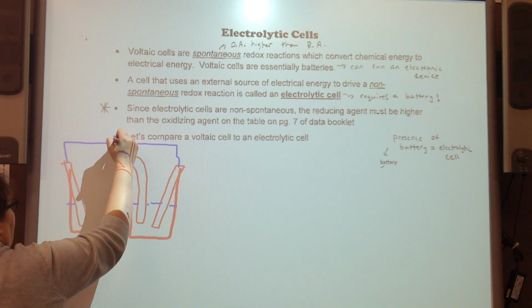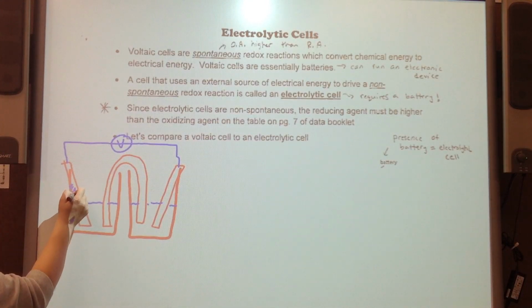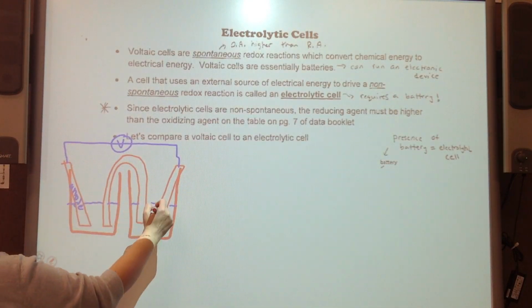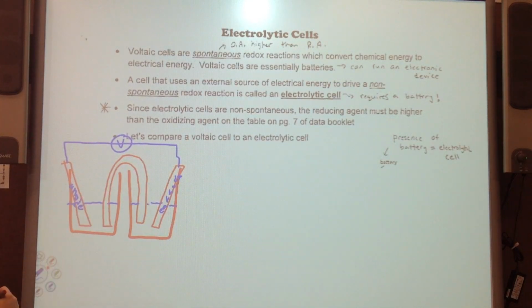So typically in here we'll see a voltmeter. If this is our anode and this is our cathode, which way are the electrons going to flow? Towards the cathode.